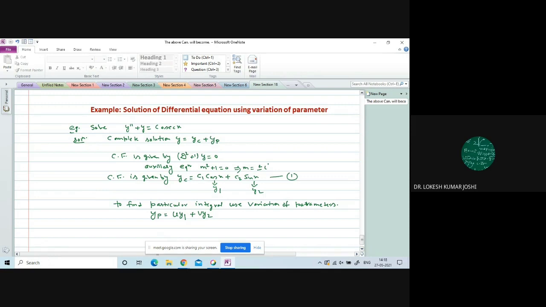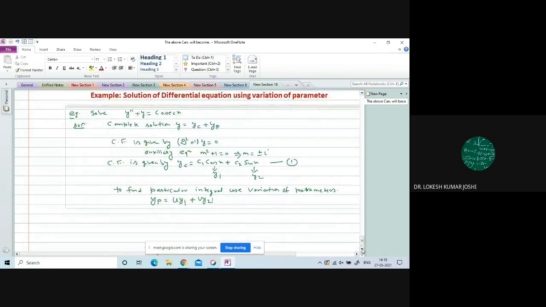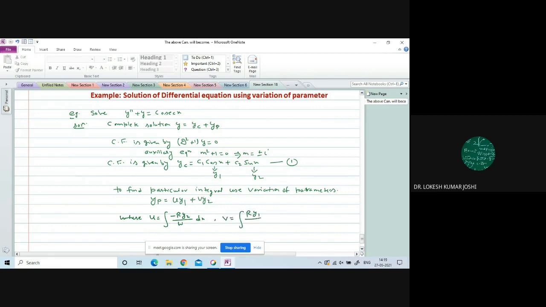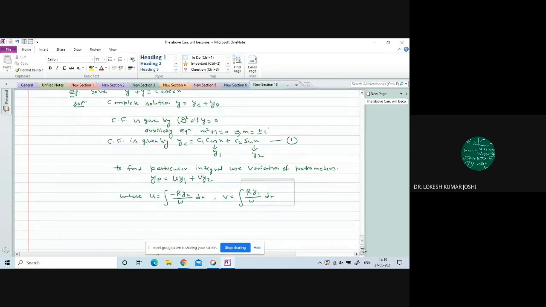Okay, now at first identify what y1 and y2 are, because we need to find u and v, where u can be given as integration of minus r y2 upon w dx, and v can be given by integration of r y1 upon w dx, where w is the Wronskian of y1 and y2.